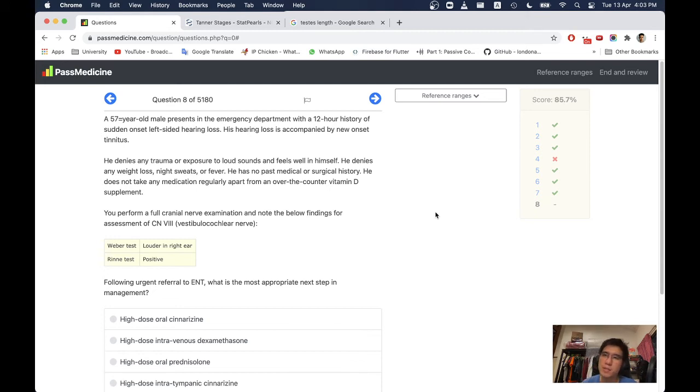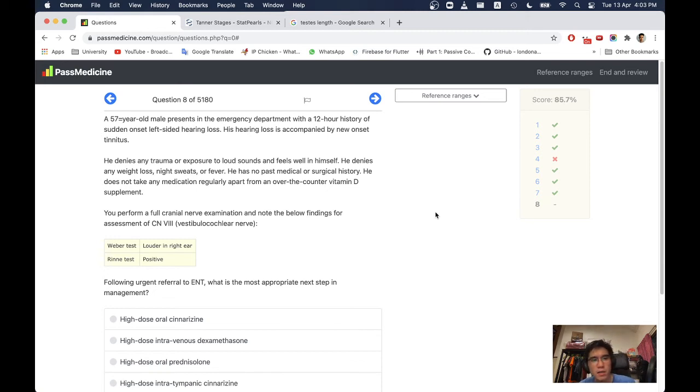Need to remember this. Rinne test positive means air better than bone. I assume like that. Air better than bone means test positive. So that means it is a sensorineural hearing loss of the left ear.